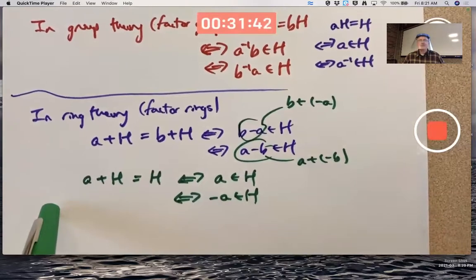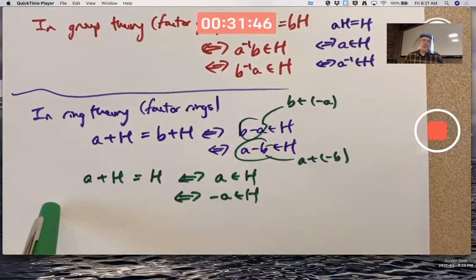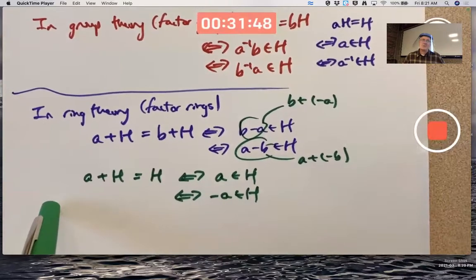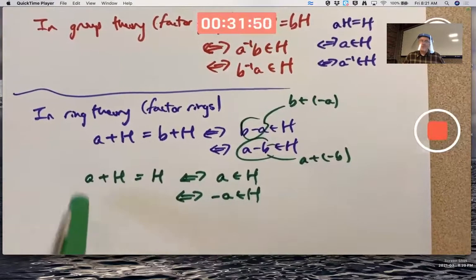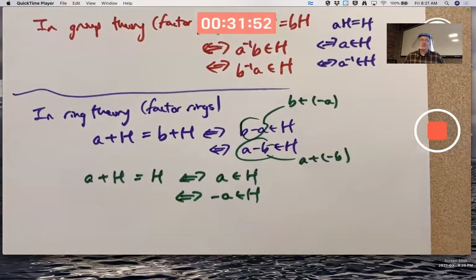You could think about these kinds of things even if H was just a subring, but then the factor ring could not be made. Multiplication would not be well defined. But we're not really talking about multiplying elements of the factor ring here. We're just talking about equality of cosets.